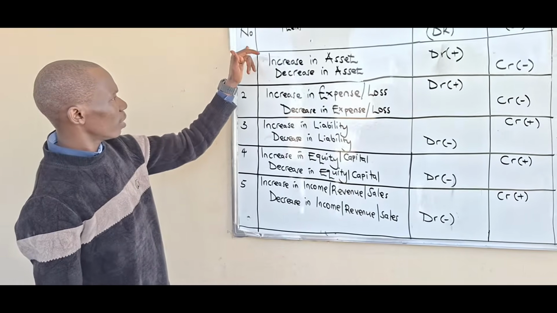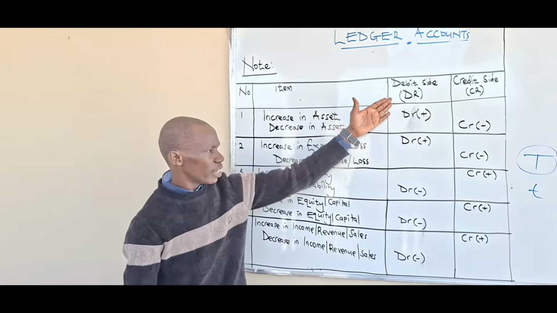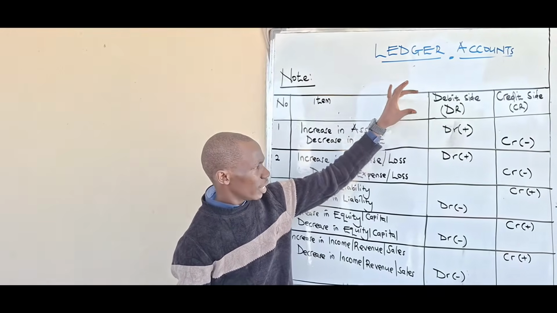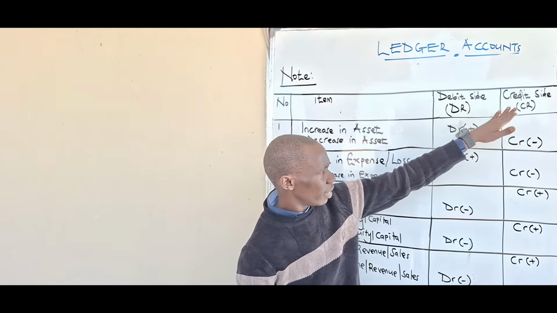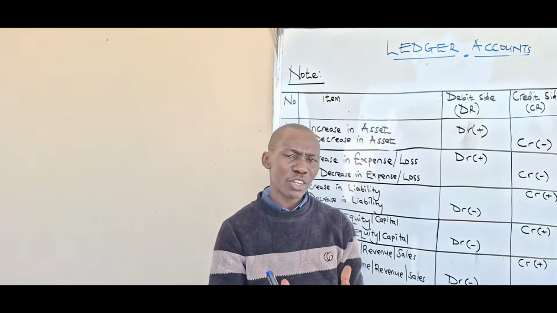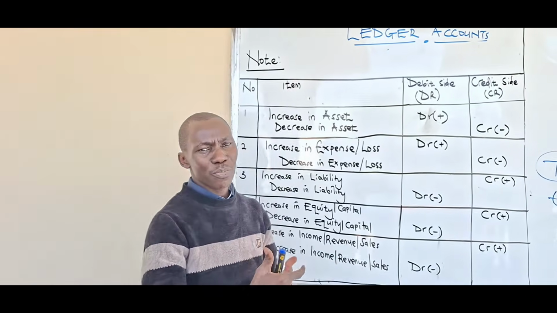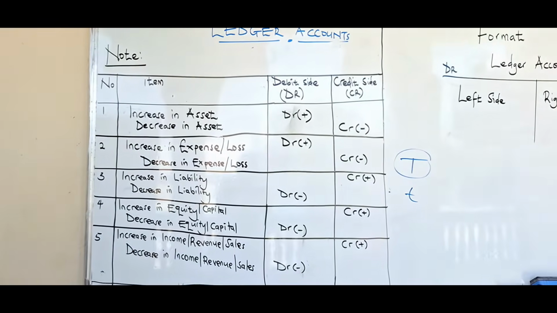It has items, and the debit side and credit side, because we are trying to see where you are supposed to record, whether debit side or credit side. Some people have just been guessing where they should record.